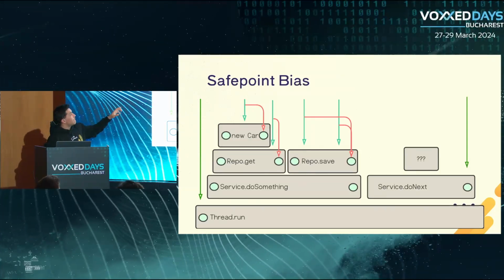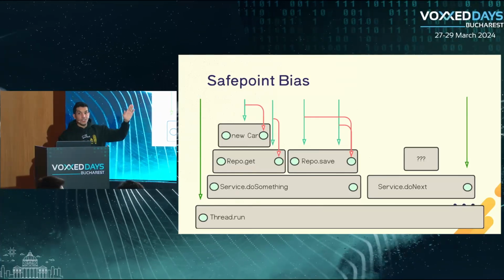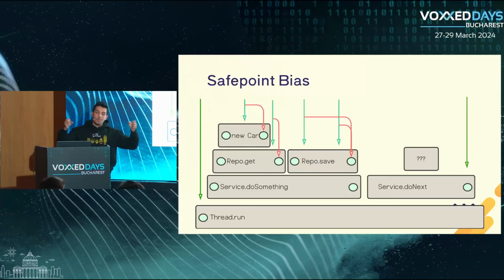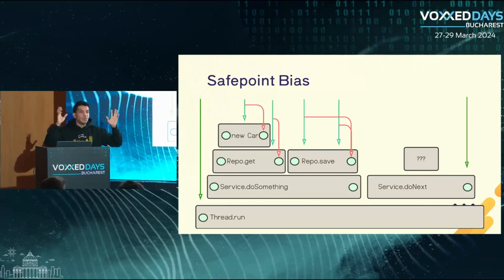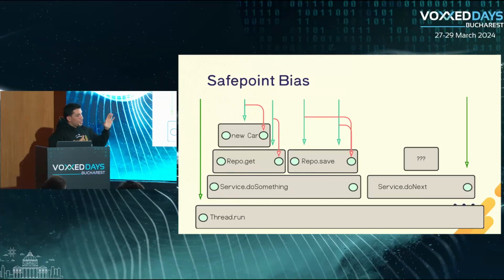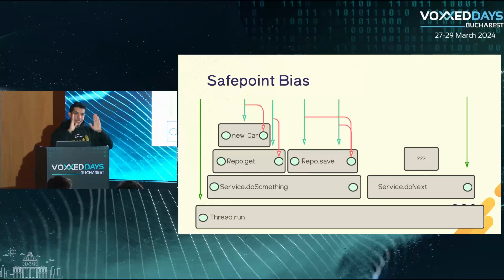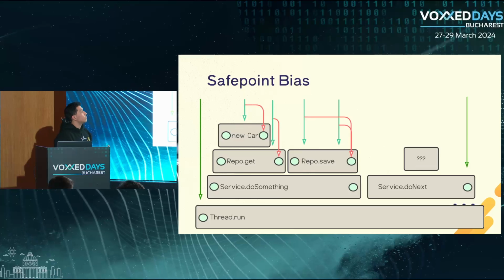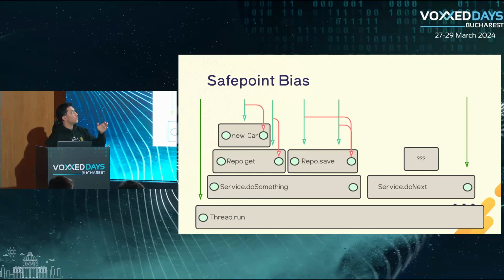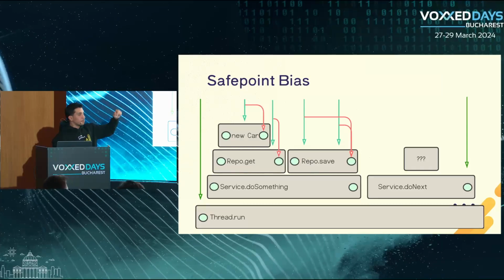So rather than getting the information at the exact moment we want it, we delay it until we reach the safepoint. Most of the profilers were using stack trace info, and to get the stack trace information from the JVM, we needed to reach a safepoint, because it's a safepoint operation. The JVM needs to reach a safepoint before it releases the stack trace. So when we reach it, we get the information.